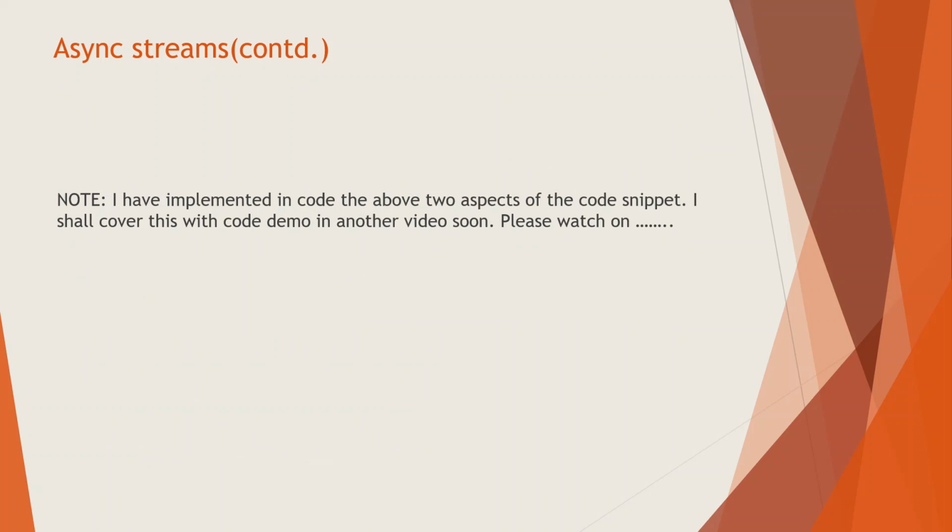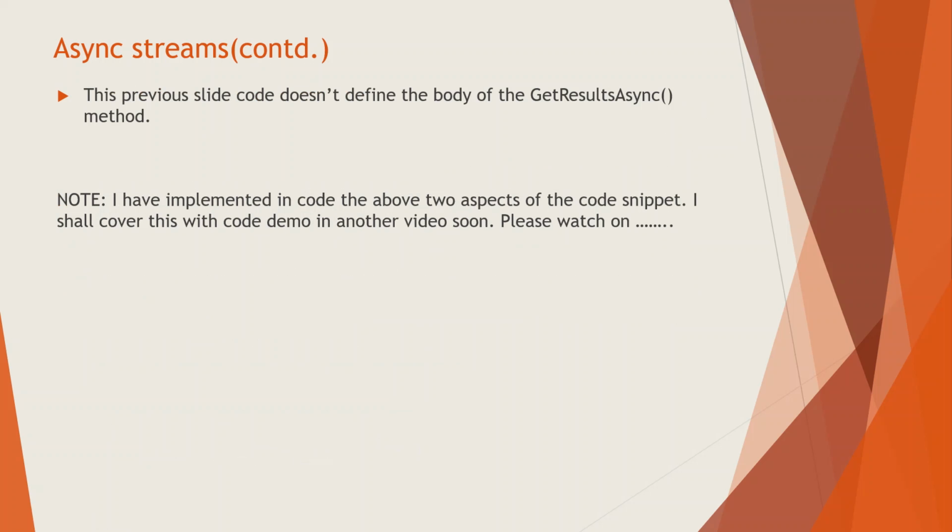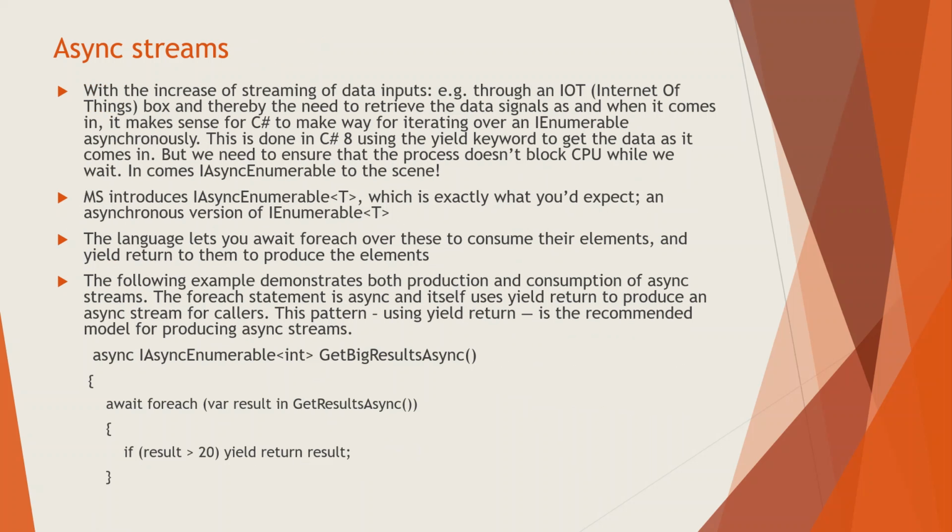However, this code is not very good. This is incomplete. It doesn't define the body of GetResultsAsync. You can see that GetResultsAsync is not defined, and also GetBigResultsAsync. This is straight from the Microsoft documentation, and they have not shown any implementation detail for this method, as well as how to call this outside the method.